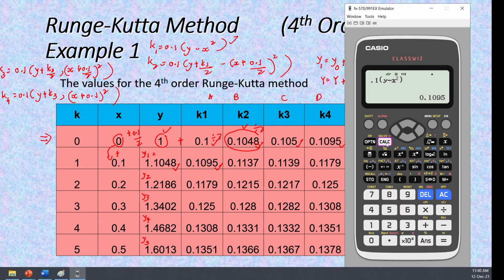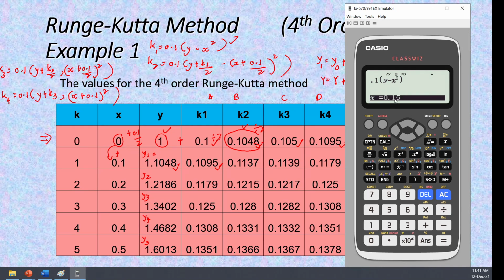So calculate again, repeat the process. K2 when K equals 1 will be your y1 plus K1 divided by 2. So it is 1.1048 plus K1, which is 0.1095, divided by 2. x is actually 0.1 plus h divided by 2, which is 0.1 plus 0.1 divided by 2.